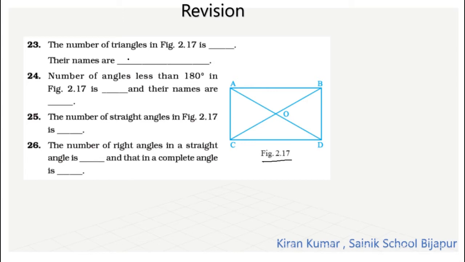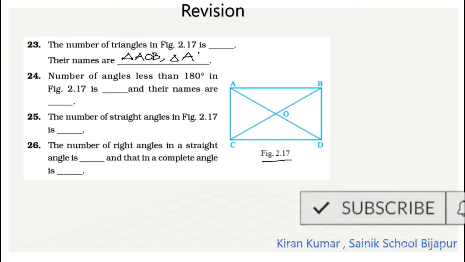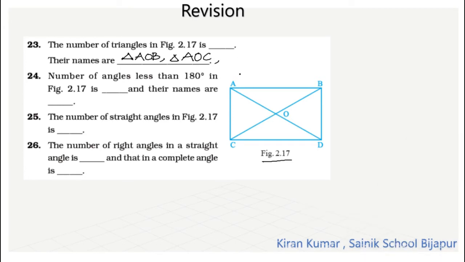AOB is one of the triangles. So triangle AOB. AOC is another triangle, AOC. Triangle COD. Triangle BOD.